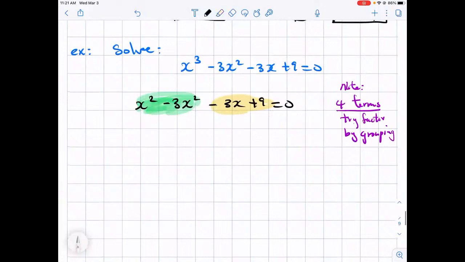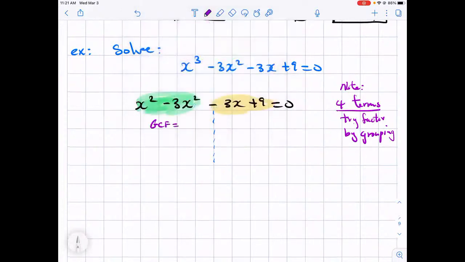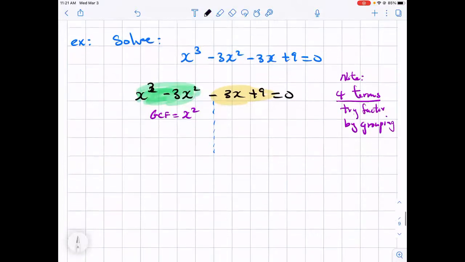I generally just put a line down the middle so we don't get lost. The GCF is x squared. This should have been an x cubed. So if I factor out x squared, what we have left is x minus 3.